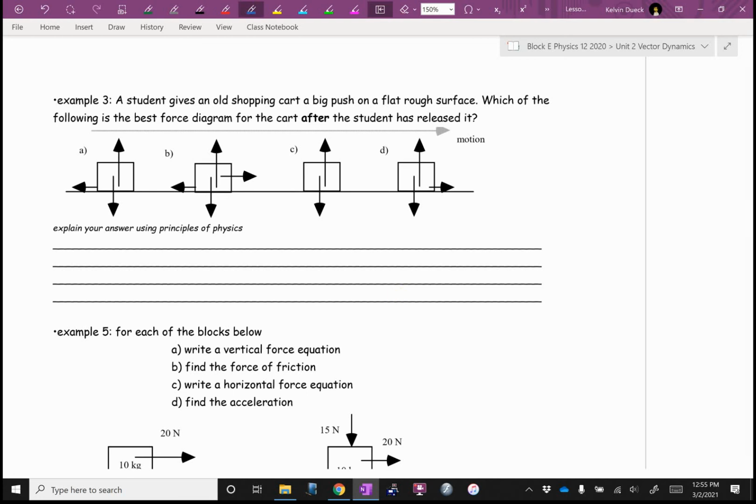Okay? And the direction of motion is to the right, I guess. Who says A? A. Who says B?